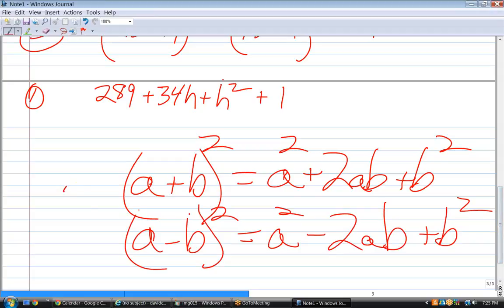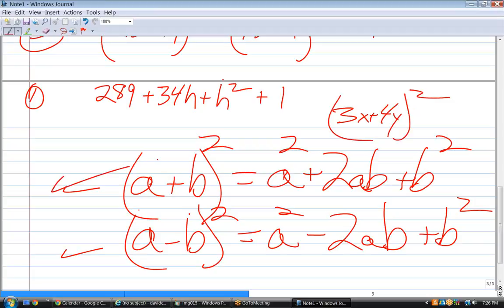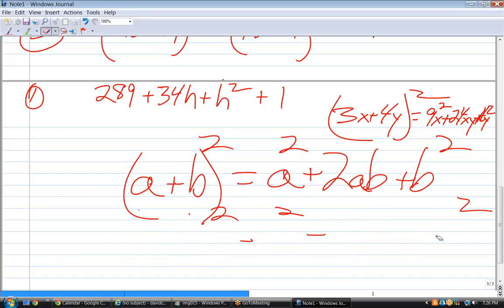The advantage of having these memorized is that if I give you a problem, say 3x plus 4y squared, I can use this right here to do it. a is 3x, so that is 9x squared plus 24xy plus 16y squared. Much, much quicker than having to FOIL it, especially when you have problems like we're looking at, where a lot of binomial expansion is needed.